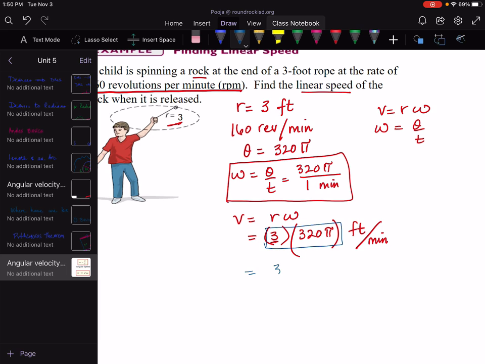That turns out to be 3014.4 feet per minute, and that is the linear velocity of this rope. If this rope, instead of going about in circular motion, was going straight, every minute it would cover 3014 feet.